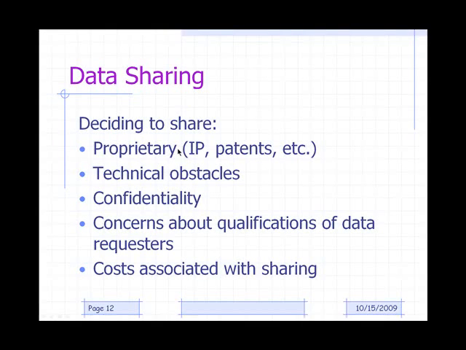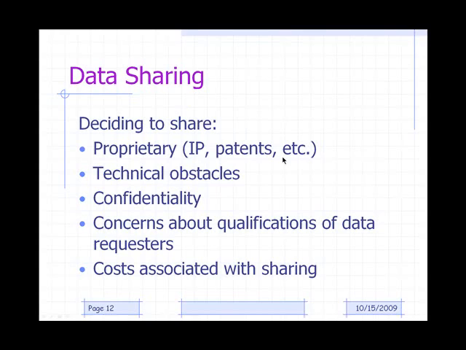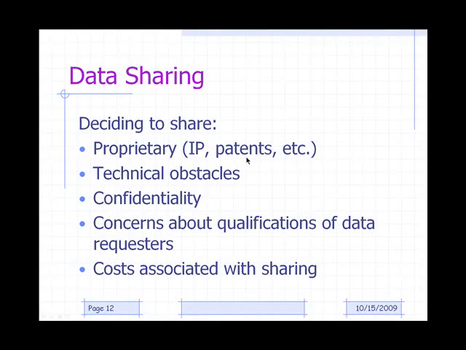Well, for proprietary information, IP leading to patents and things of this sort, sharing has to be done very carefully. Public disclosure can destroy the potential patentability of what could be considered an invention. So if you don't really know what an invention is, you should go and look at some patents online in your relative research area.